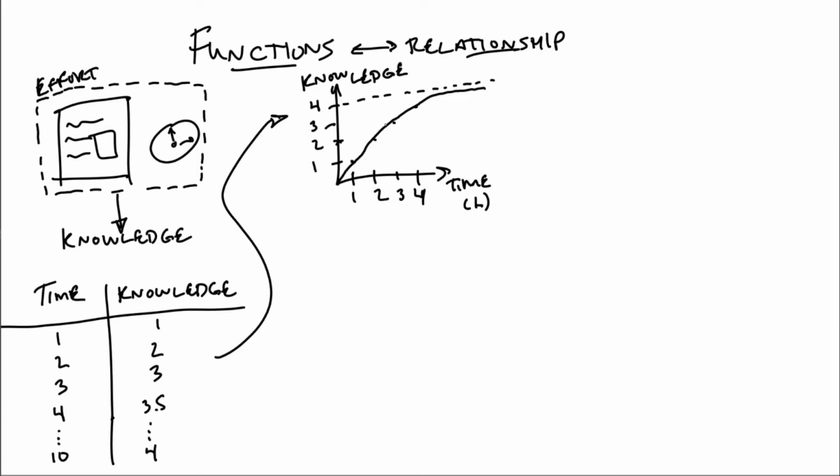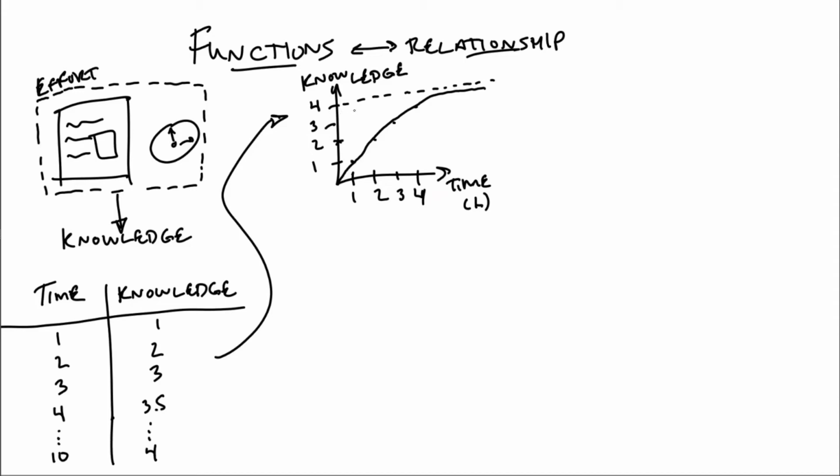And at this point, we have a graph and a table. And we are well positioned to ask the question, is this curve that represents the relationship a function? And the answer is yes. But you might ask, how do you know that? I would say that a function is a relationship in which there is one unique output for each unique input.